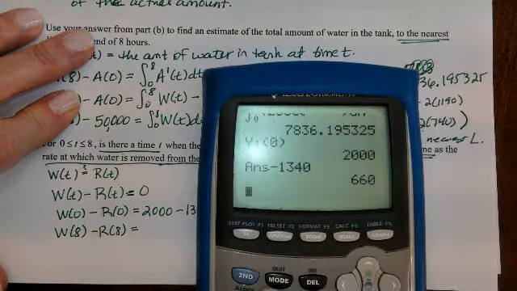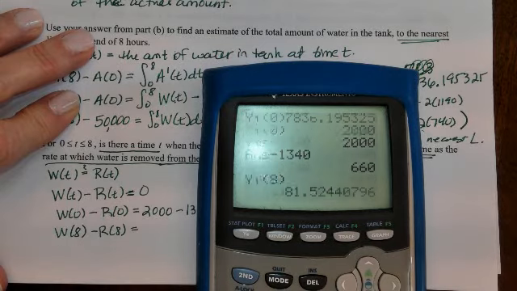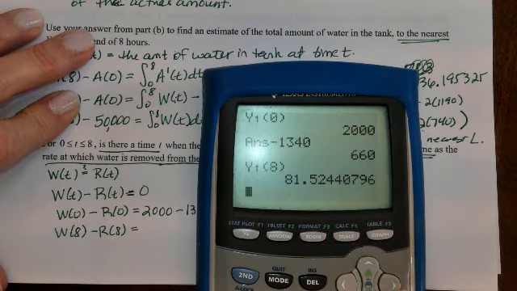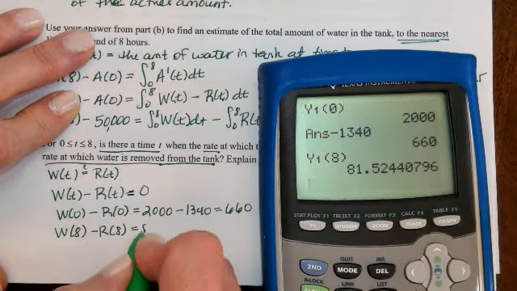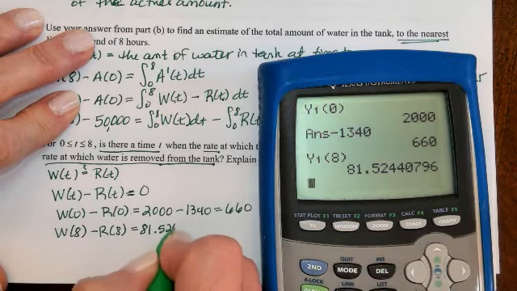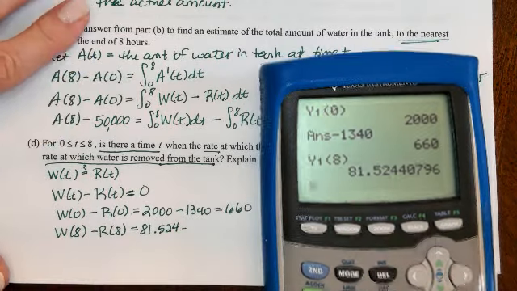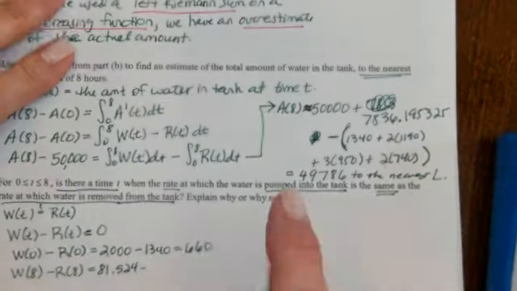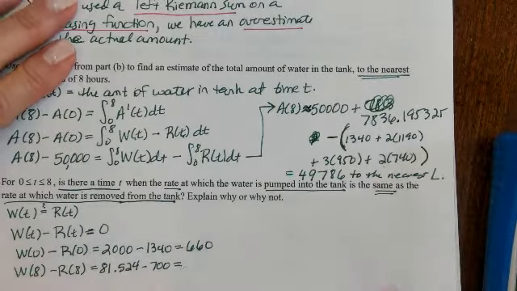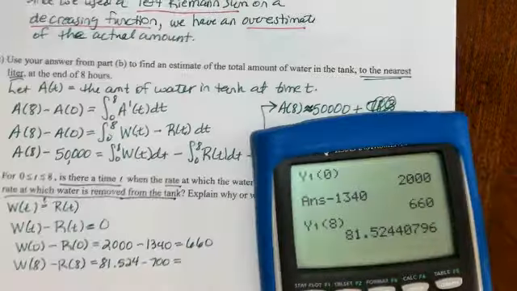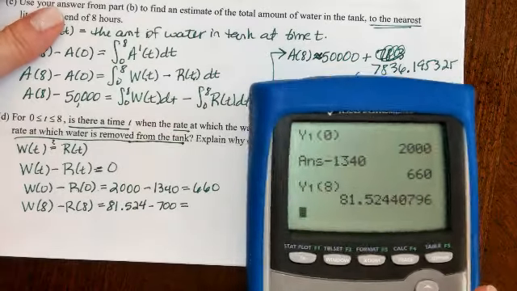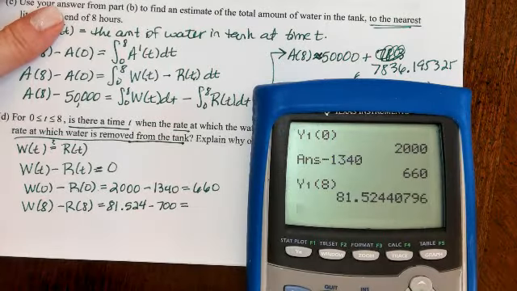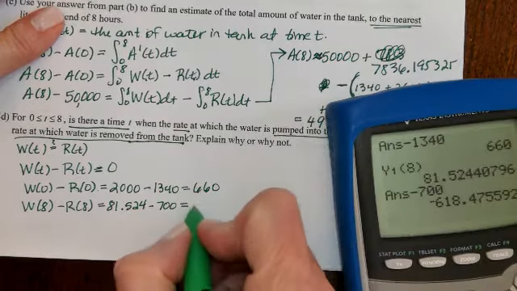So W of 8 is 81.524, and R of 8 is 700. As soon as I saw that, I thought, ooh, I'm on the right track, because I'm going to get a negative number here, right?